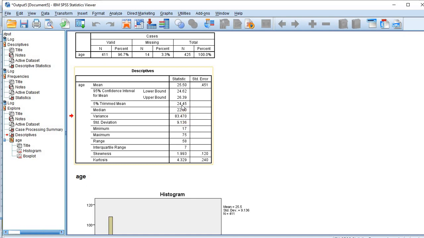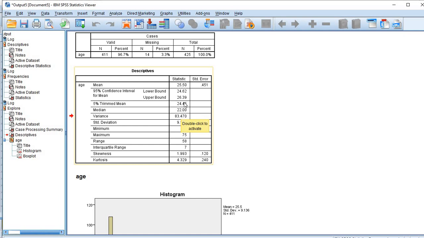This trimmed mean removes relatively extreme scores from both ends of the distribution. It removes the very low values and the very high values. When the trimmed mean and the mean, that is the average, differ, it is a very rough way to determine that there could be outliers at the end of the distribution.